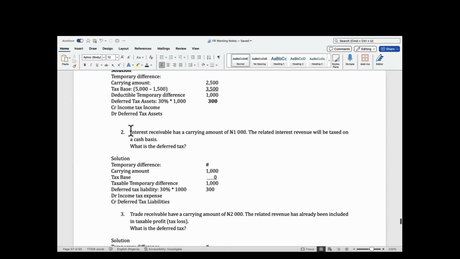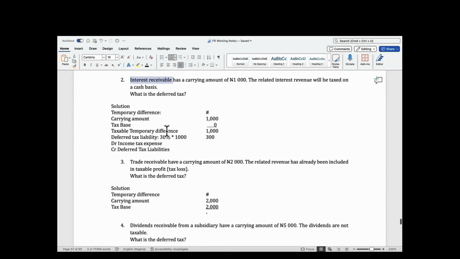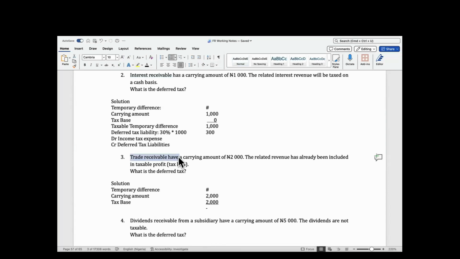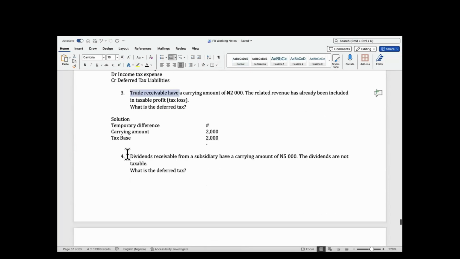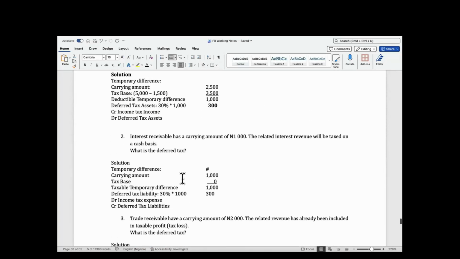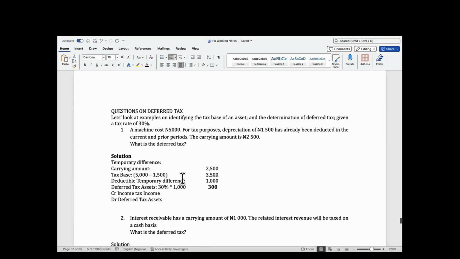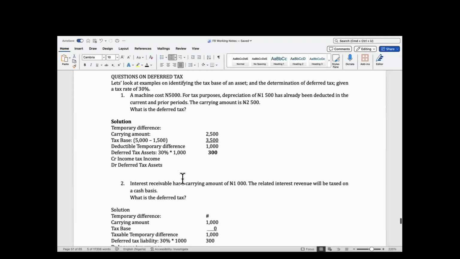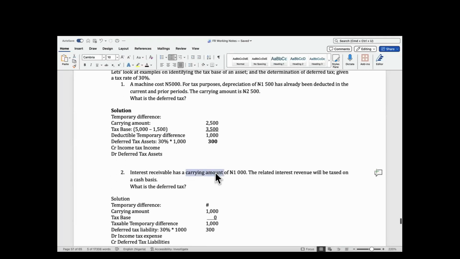And if you look at it closely, interest receivable is an asset, trade receivable is an asset, dividend receivable is an asset, loan receivable is an asset. So they are not mistaken. All these items are actually assets, so being described as carrying amount is okay.